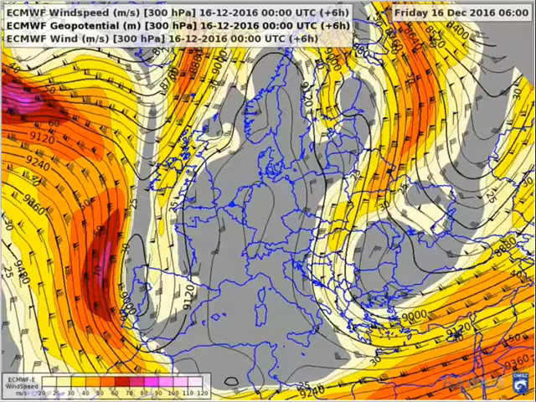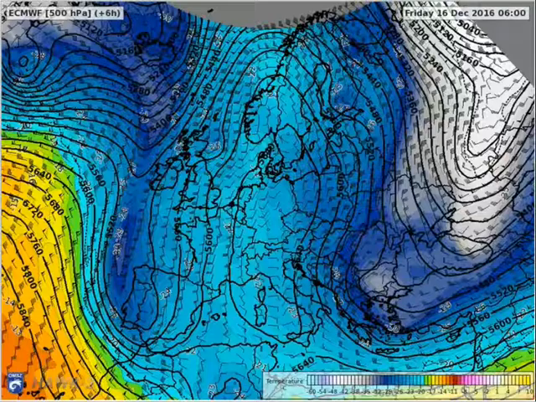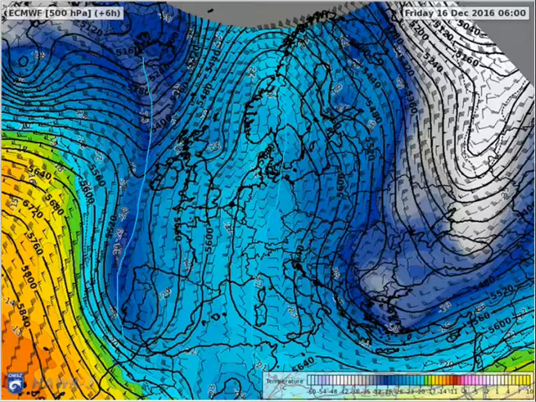On the high level, of course, it's a huge ridge in the north-south axis. At 500 hectopascal, we can also see the ridge and the trough over the west and also on the east, but the eastern one is much colder.